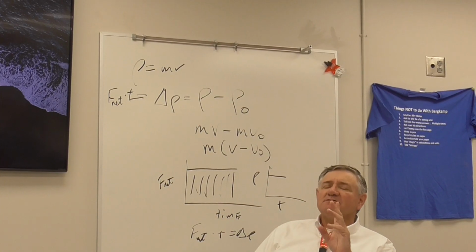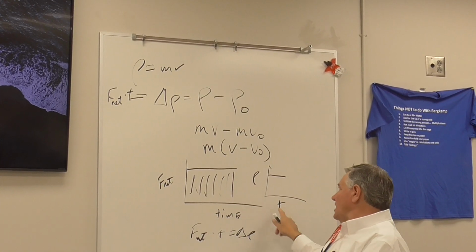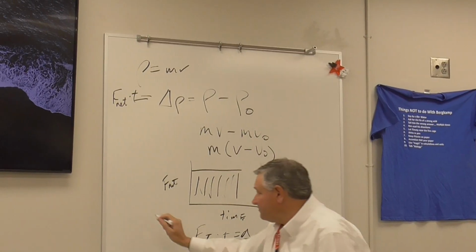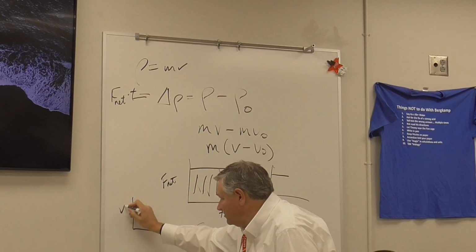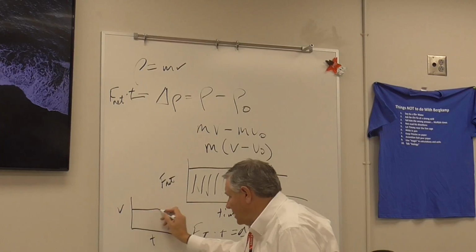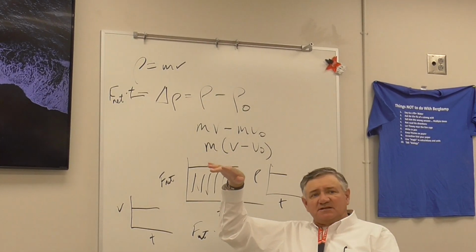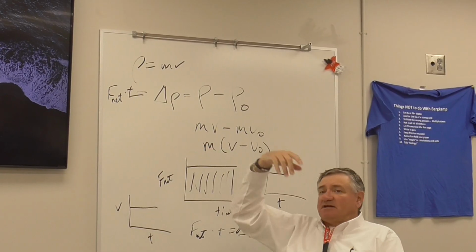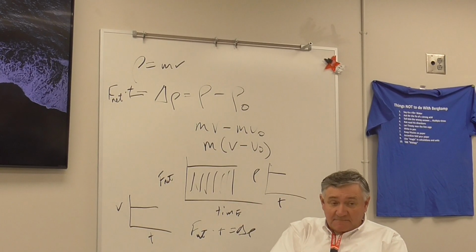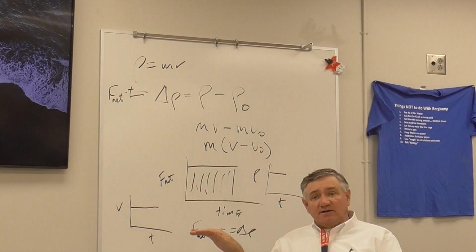A horizontal line on a momentum time graph is analogous to a horizontal line on a velocity time graph, which just means you're not accelerating. It doesn't mean that there aren't forces acting on the system.